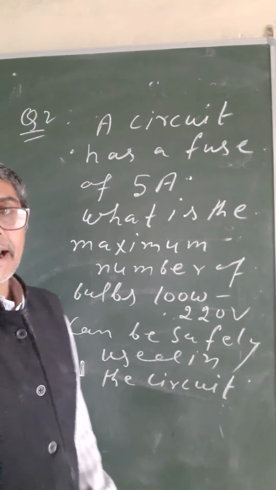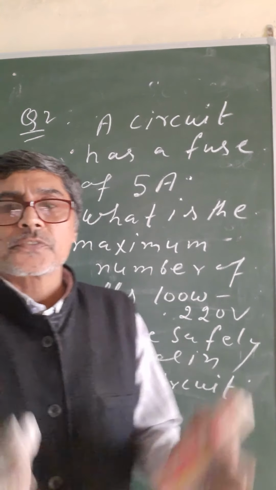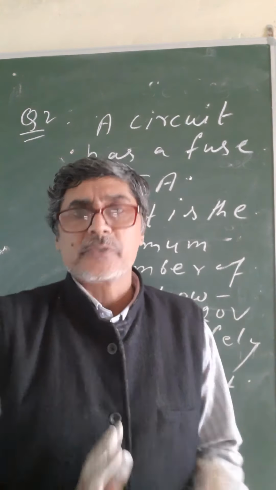Now the question is that a circuit has a 5 ampere fuse, and how many 100 watt bulbs can be used in the circuit that has the 5 ampere fuse.